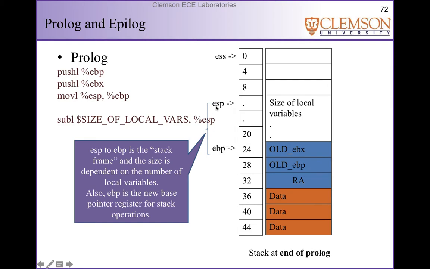That's why when you subtract, let's say this is 4 bytes, 8, and then 12, you would say sub L $12, ESP, and it'll subtract 12 from 24 and place it at 12. I'm just saying 12 because there are these 3 boxes right here, so 3 local variables.